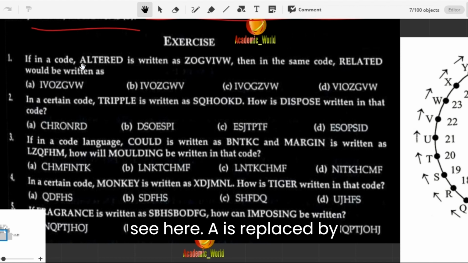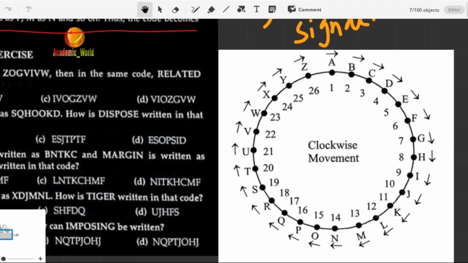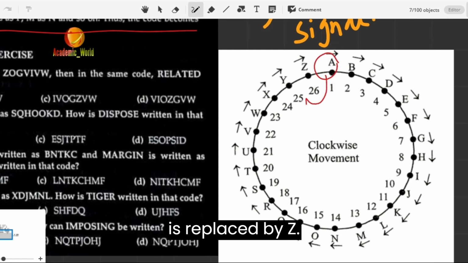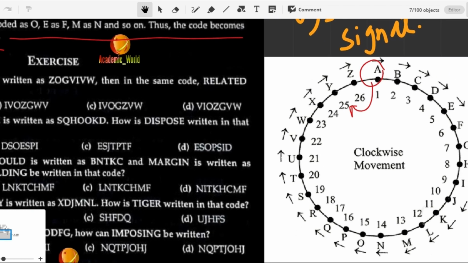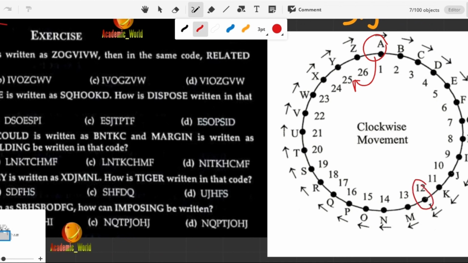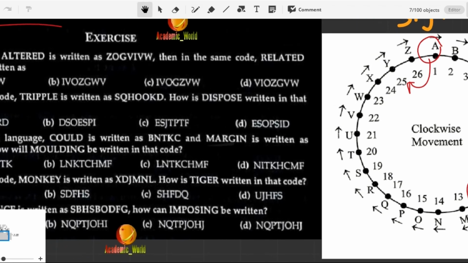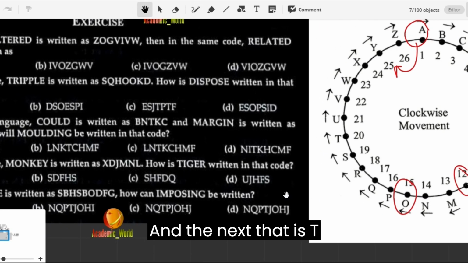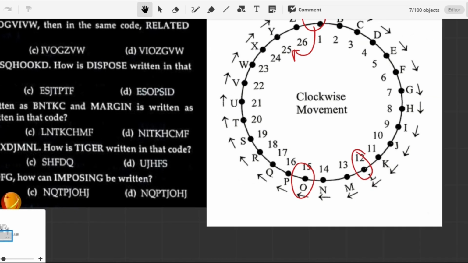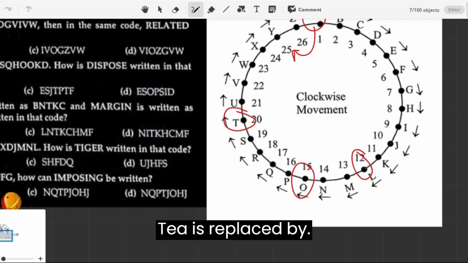You can see A is replaced by Z, L is replaced by O, and T is replaced by G.